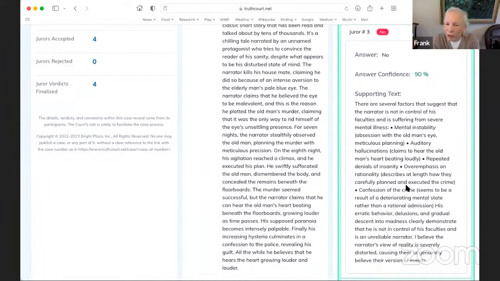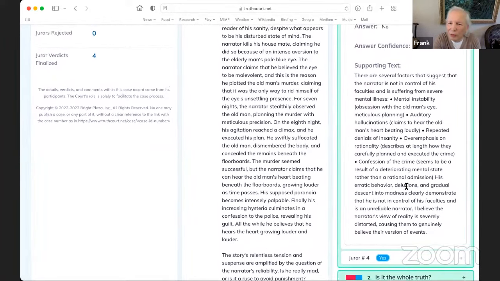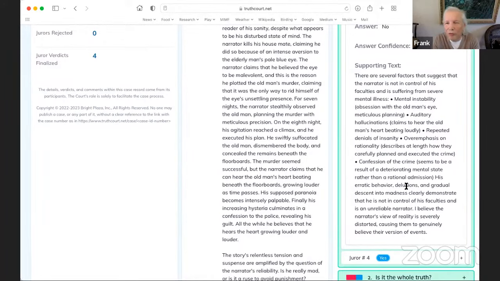Overemphasis on rationality, describes at length how they carefully planned and executed the crime. And confession of the crime seems to be a result of a deteriorating mental state rather than a rational admission. His erratic behavior, delusions, and gradual descent into madness clearly demonstrate that he is not in control of his faculties and is an unreliable narrator. I believe the narrator's view of reality is severely distorted, causing them to genuinely believe their version of events.